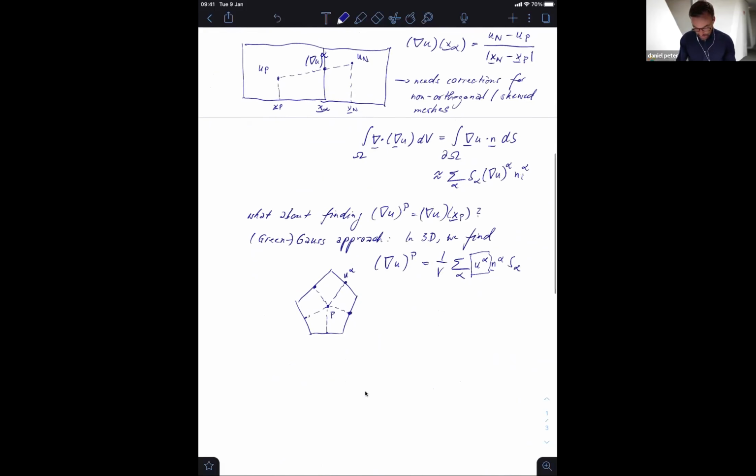Sometimes what is done is one tries to interpolate what these corner points are of the cell. And then once we have these corner points, we can calculate what the centroid value would be.